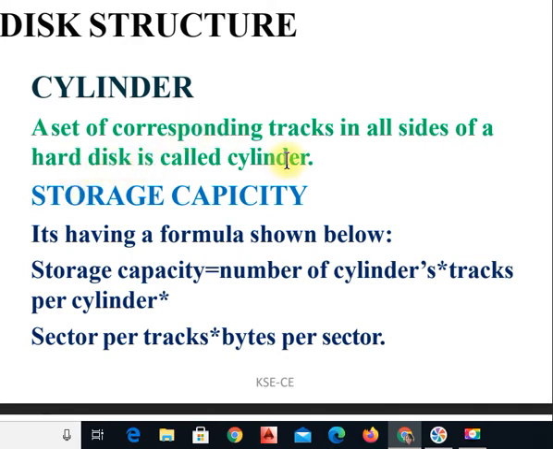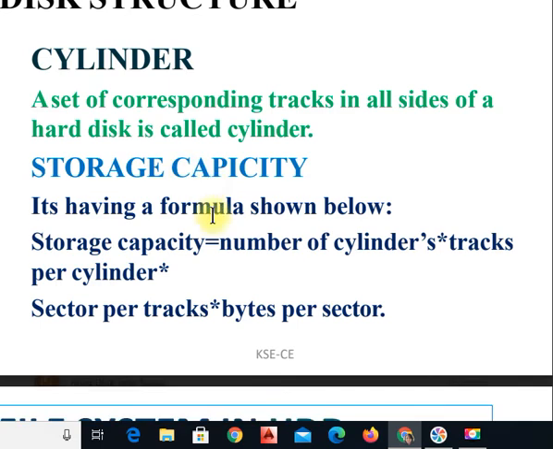A set of the corresponding tracks on all sides of the hard disk is called a cylinder. It means multiple disks can be used in a hard disk, right? So these multiple disk tracks on all sides are called a hard disk cylinder.